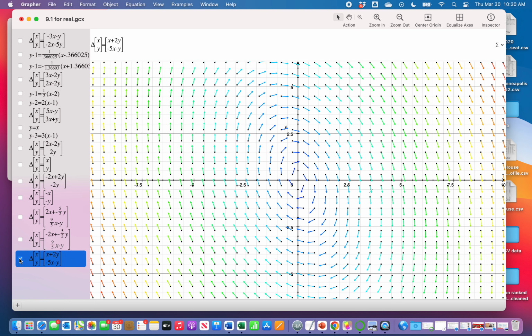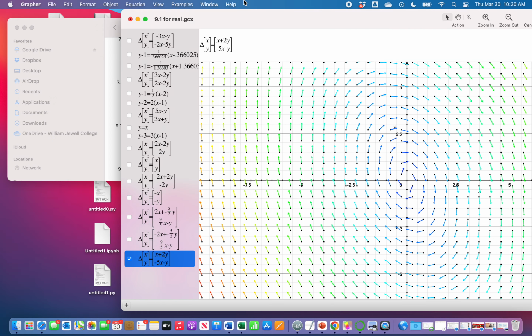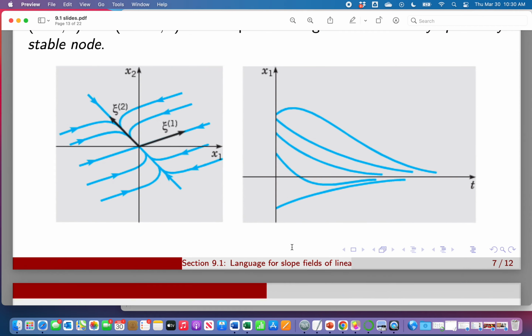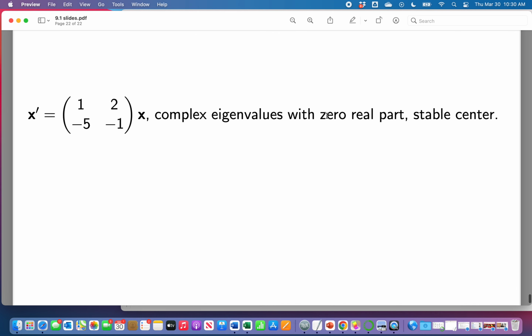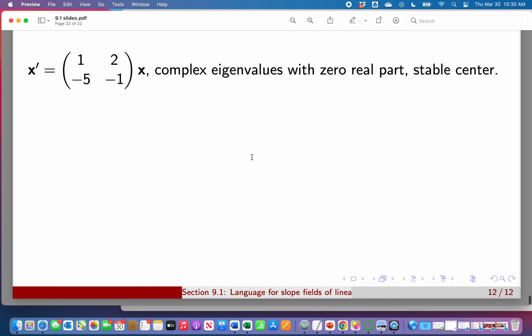But with purely imaginary eigenvalues, with 0 real part, remember, the exponential functions come from the real part. So if there's 0 real part, the exponentials are gone. Your answer just has trig in it, and trig neither dies down nor explodes on its own. So that's how you can get a stable center.